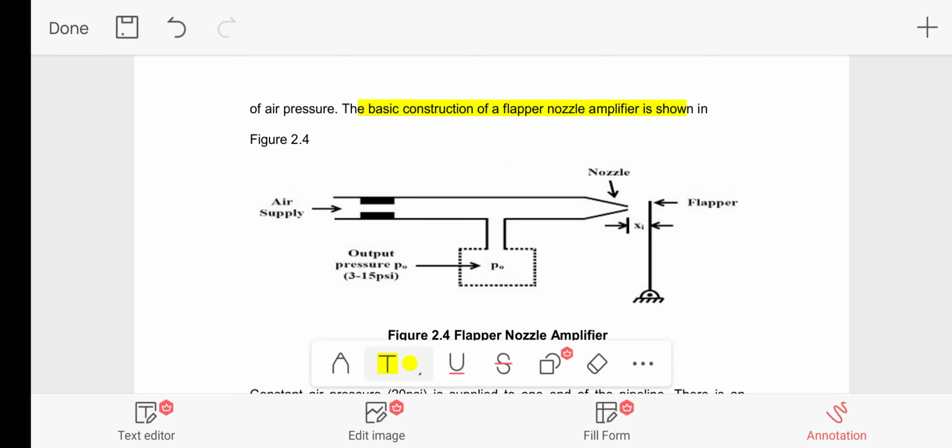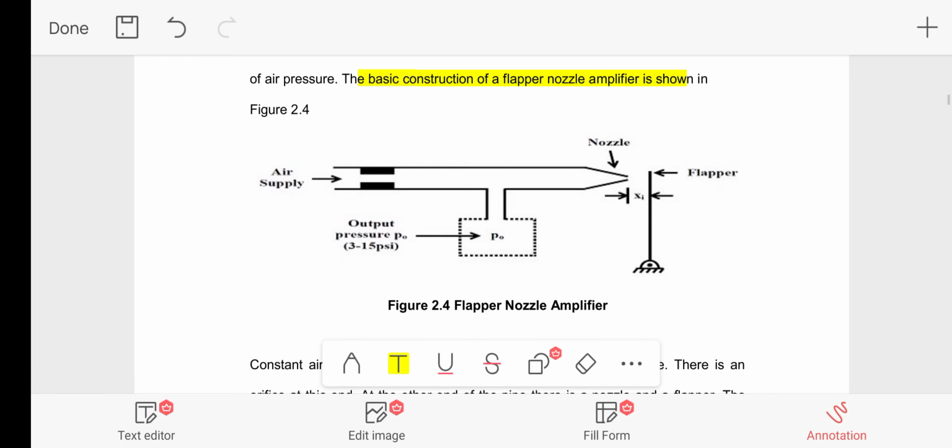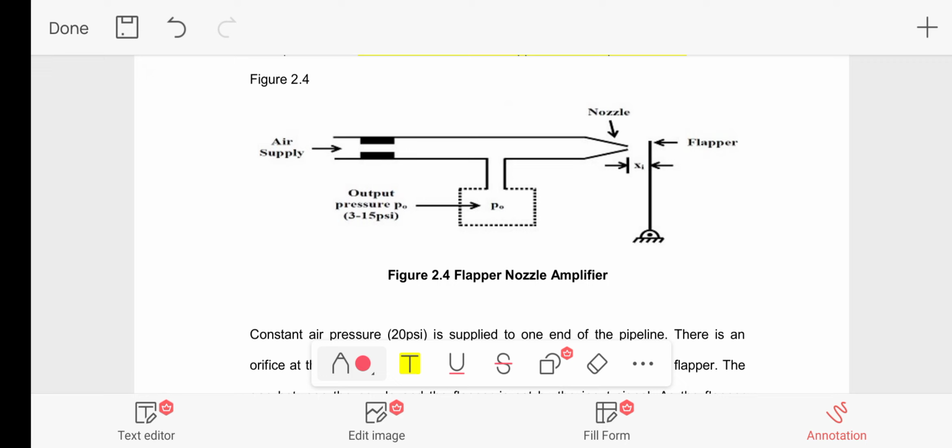The basic construction of the Flapper Nozzle amplifier is shown in figure 2.5. Now you see, air pressure comes first through a restriction. The air supply is 20 psi.